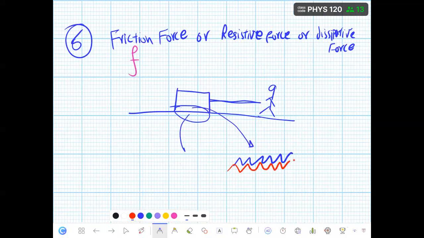You are trying to pull, but the ground is trying to keep the object. These create a friction. We call this friction force.